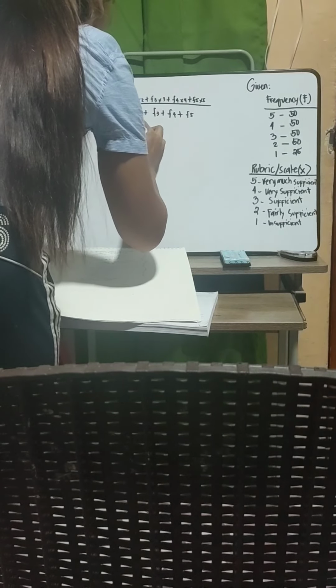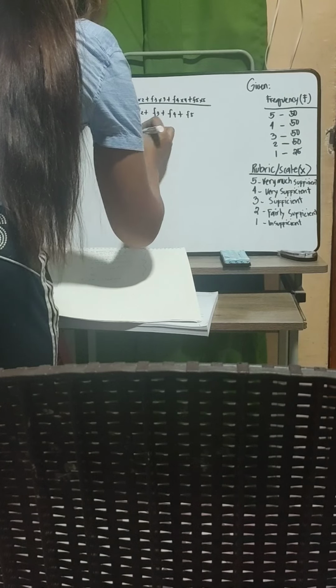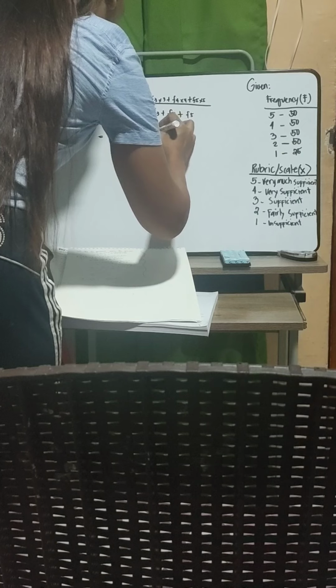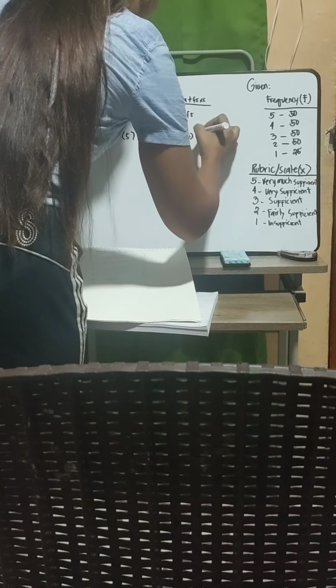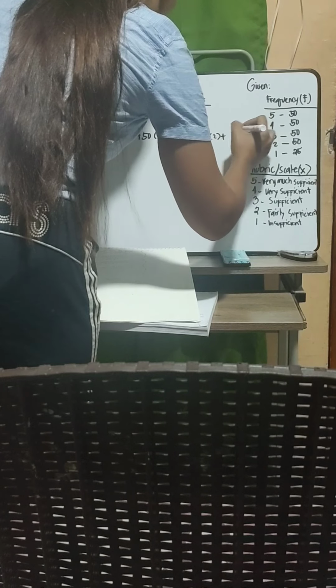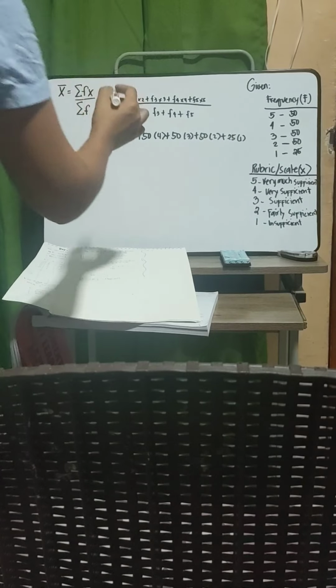So we have 50 with a weight of 5, who voted very much sufficient, added by 50 who voted 4, added by 50 again who voted 3, added by 50 who voted 2, added by 25 who voted 1. Alright?